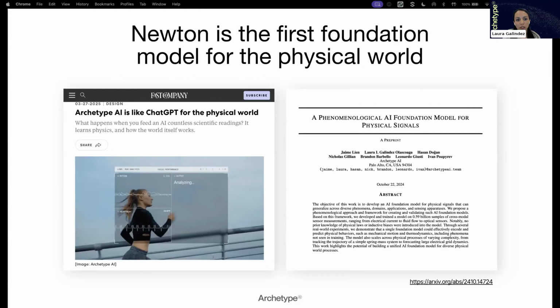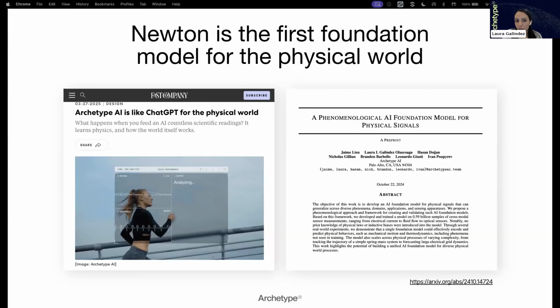The best way to think about it is that Newton is effectively like a kind of ChatGPT for the physical world, such that you should be able to ask it what is happening across your sensor data in real time, and for example, get answers that would have previously required a team of specialists and the bespoke models that I was talking about before.